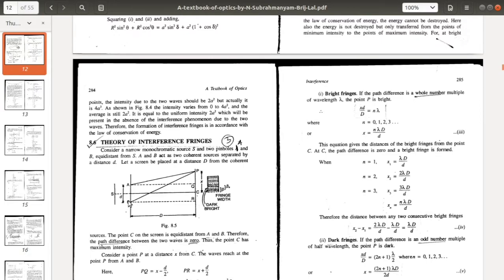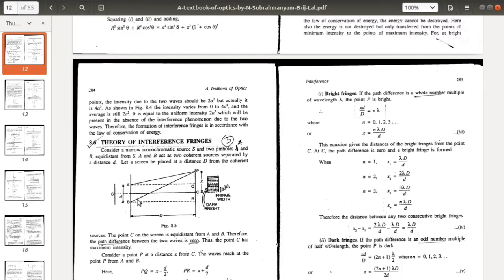That is, when light travels from A to this point and B to this point, they travel unequal distances. That means they have some path difference. You can see from this, if we draw a perpendicular from A to the line BP, this much distance will be the path difference.